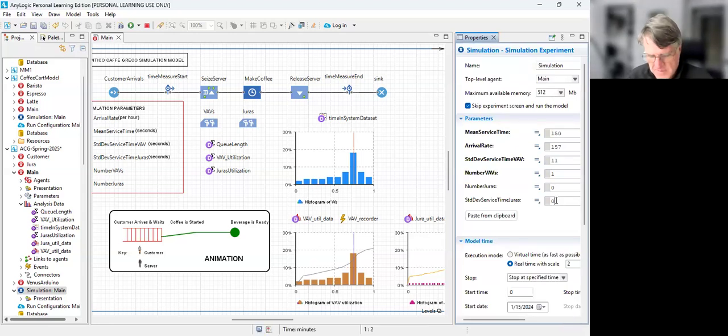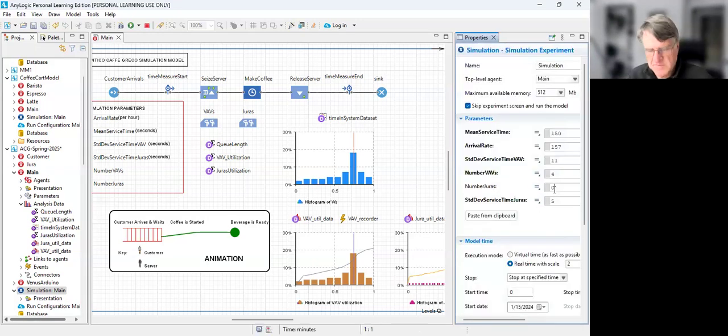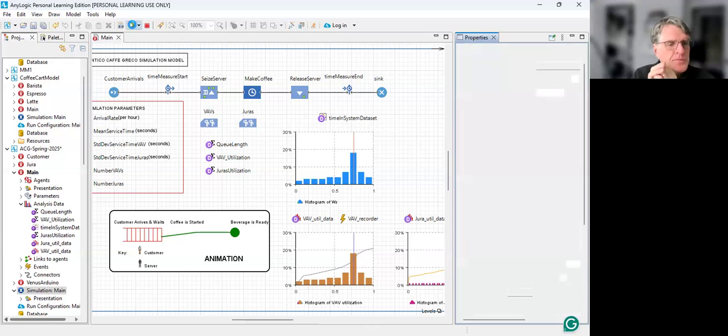And let's try, so we had 7. So let's try having 4 of each. See how that ends up. So this setup here is pool orders, 4 VAVs, 4 jurors, and the baristas who operate the VAVs are trained. See how this goes.